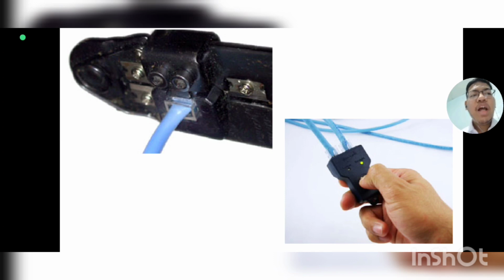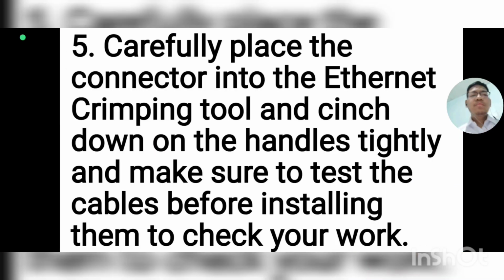And then after that, we will test. Okay, very well said. Number 5. Carefully place the connector in the crimping tool and cinch down on the handles tightly, and make sure to test the cables before installing them to check your work. Okay, that is the last step.